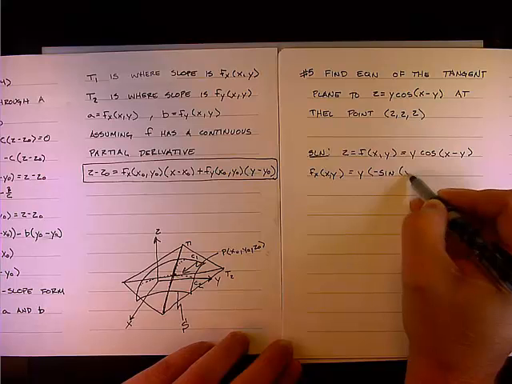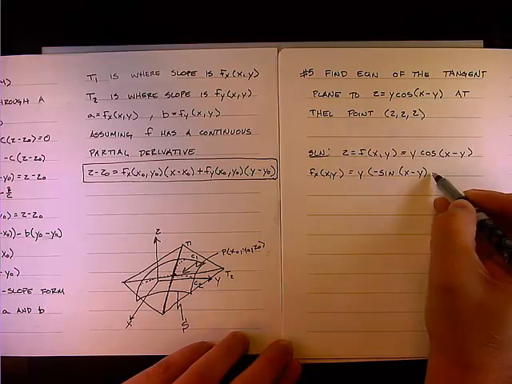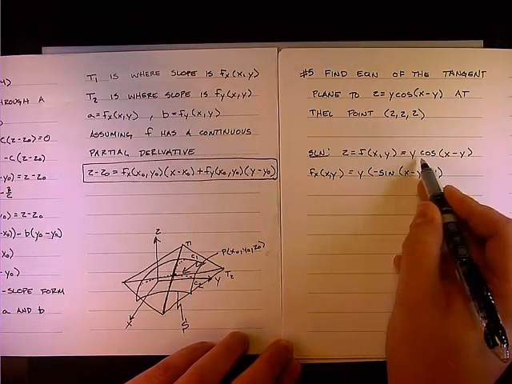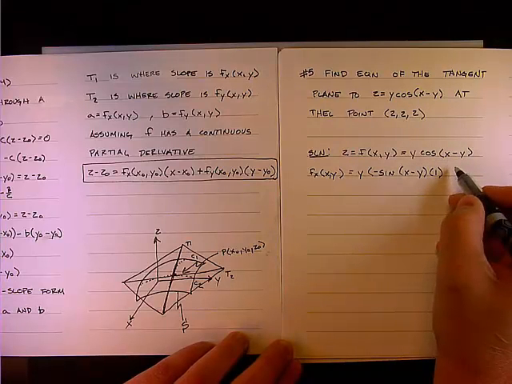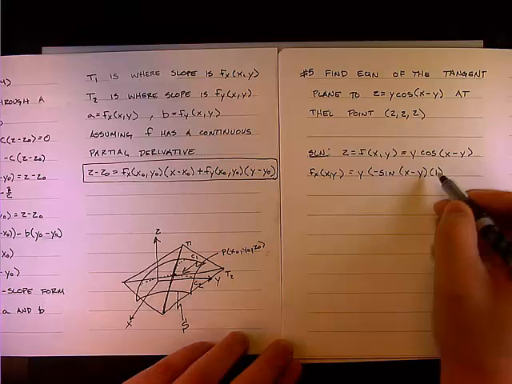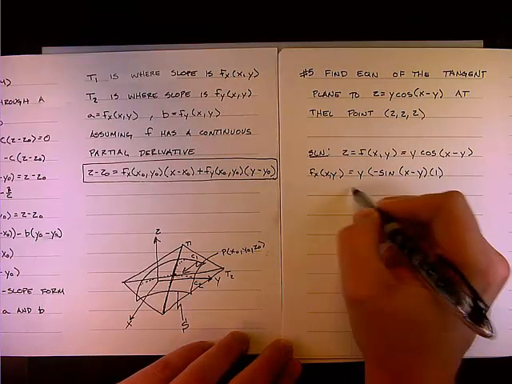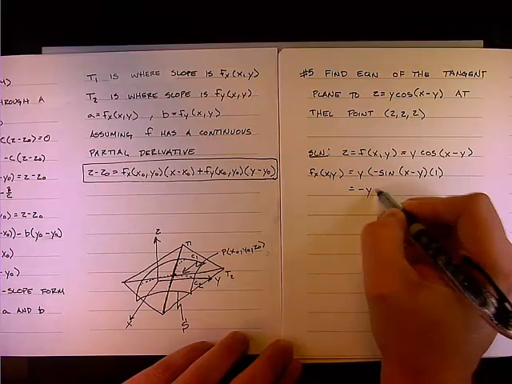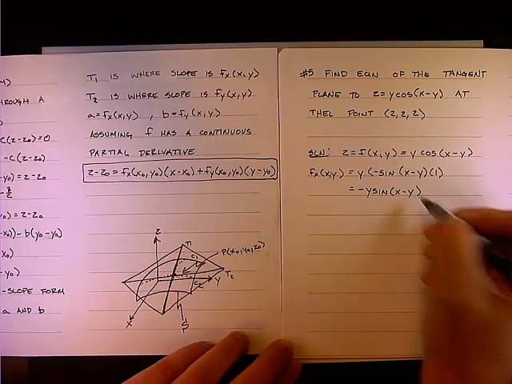So f, the partial derivative with respect to x, is equal to, and I'm going to go ahead and do this in my head, and we are going to get y times negative sine of x minus y.